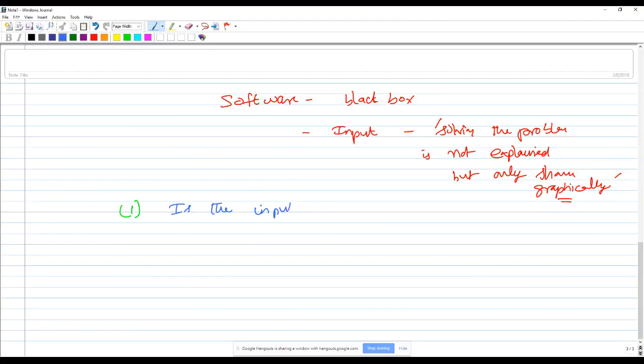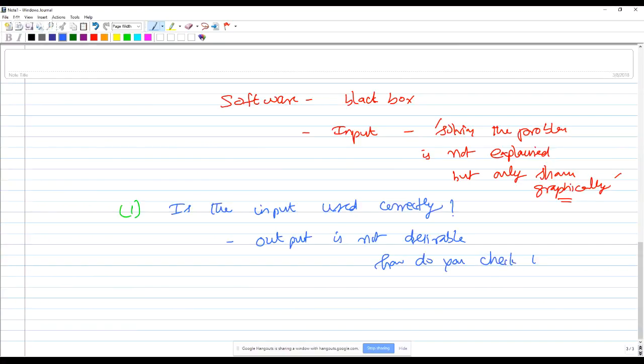Is the input used correctly? Suppose the output you get is not desirable, how do you check the solution? Because to check the solution again, you need to create an input. So there's going to be a chain which doesn't enable you to actually solve your problem.